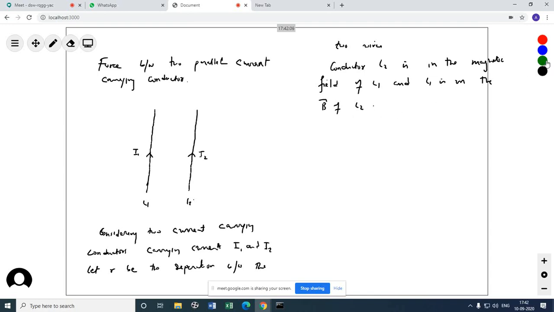So if we draw, we know the direction of magnetic field. How to find the direction for a straight current carrying wire? The magnetic field lines are in the form of concentric circles. So I can draw a circle here to get the direction of B at a distance R, right? This is the circle for this one. Similarly for this one.